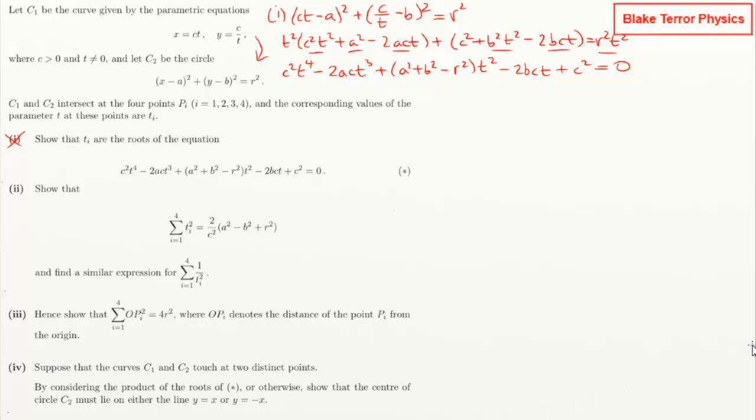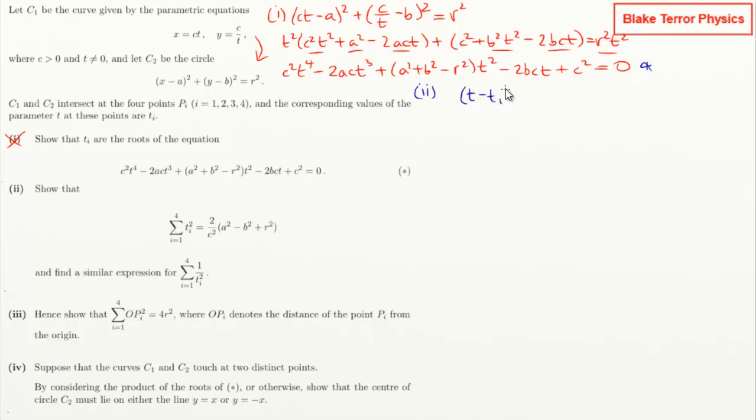Part 2: show that the sum of the squares of those t values is equal to that. Well, if they're our roots, I suppose we're just going in for a comparison between what we've worked out here and if we factorise it.